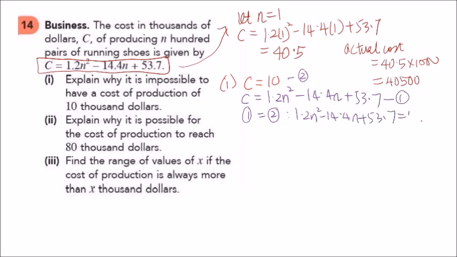This is something similar to what we have done earlier on, a curve and a line. C equals 10 is a line. C equals 1.2 n squared and so on is a curve. So you want to see what the relationship is between this line and the curve. Does it meet, or not meet, or meet at 1 point or 2 points?